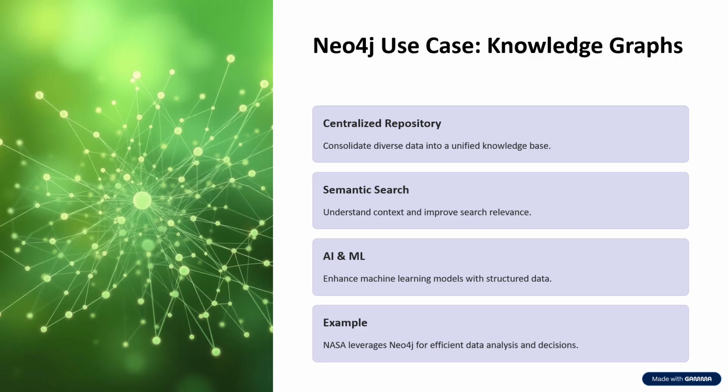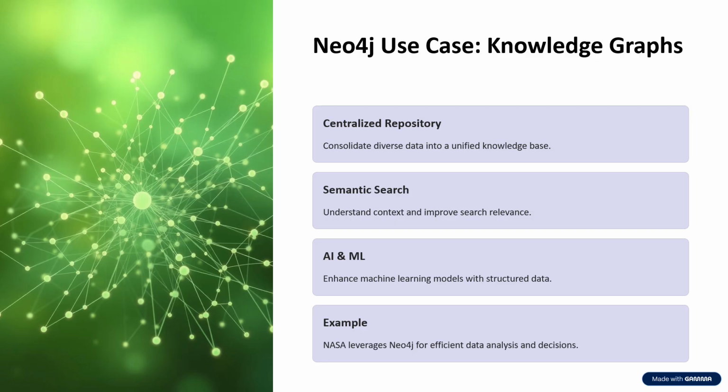This makes it easier to find and use information. Then the second one is semantic search. Neo4j supports smart search, not just by matching words, but by understanding the meaning and context behind them. This improves how search results are shown.